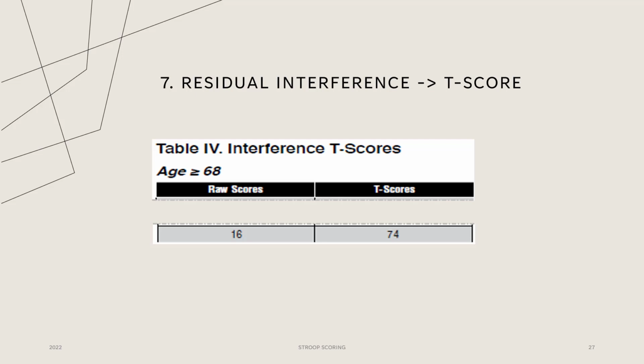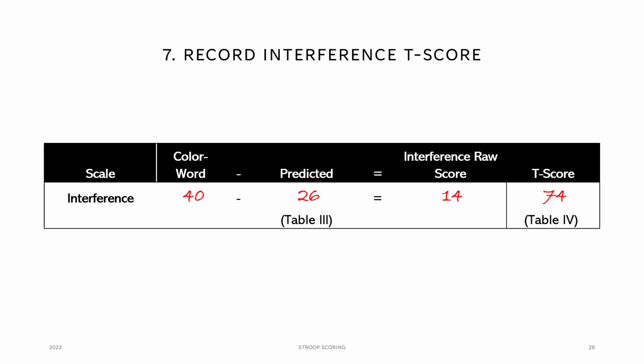There's a break point in the scoring that was found at that age. So our individual, we said, is age 70, so we'll go to those set of scores in that table where the age is over or equal to 68. There was a residual of 16, that raw interference score, that corresponds to a T-score of 74. We'll note that in our table.